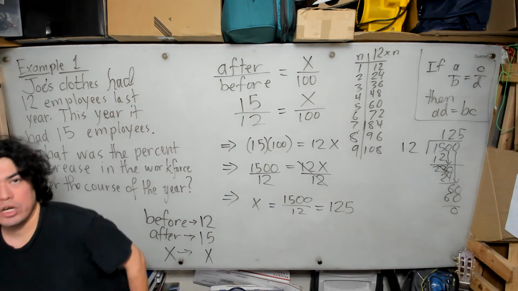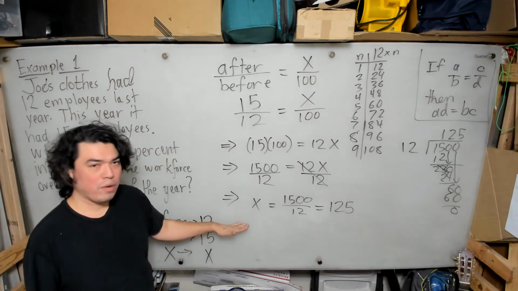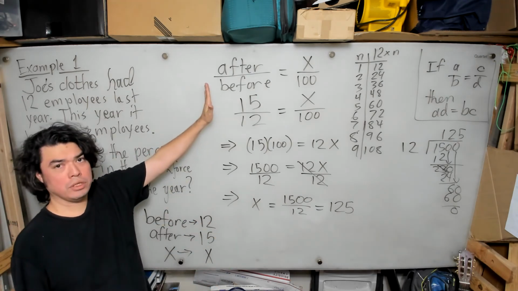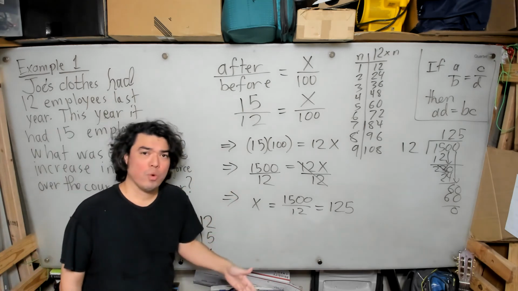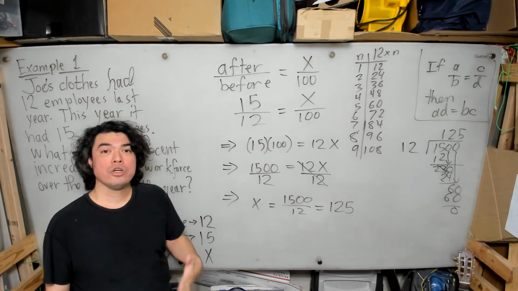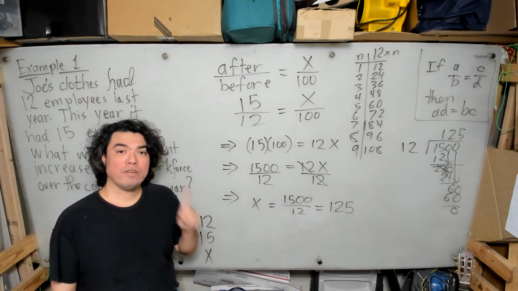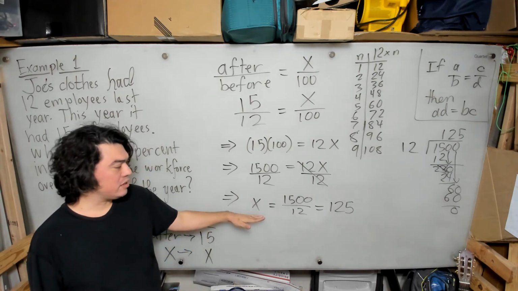And now we're going to go into the interpretation. We recall that the way we set up this proportion in our introductory lecture was that if x is bigger than 100, that corresponds to a percent increase, and the amount of that increase is x minus 100.